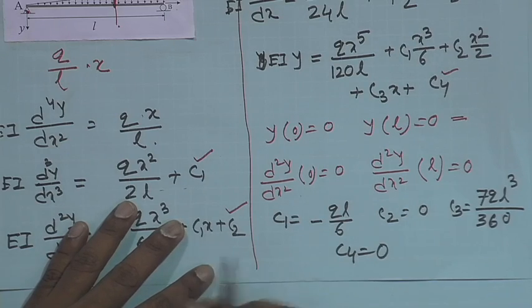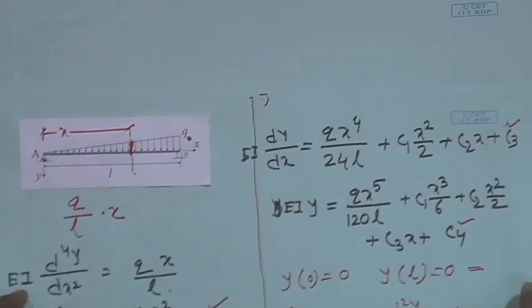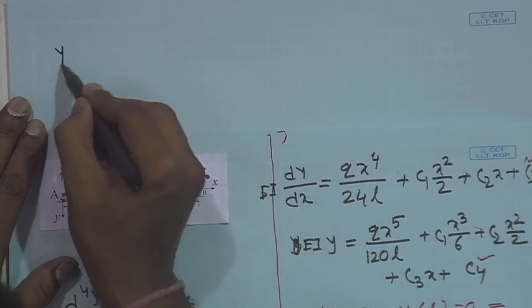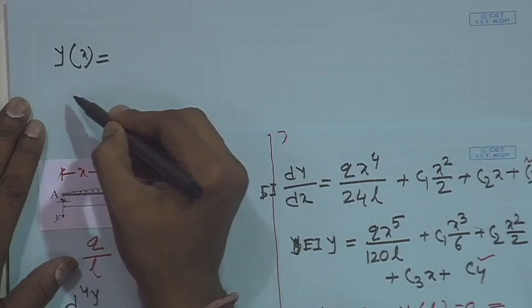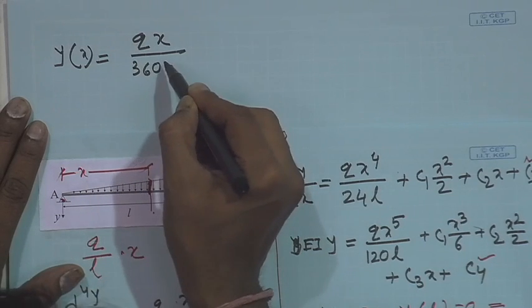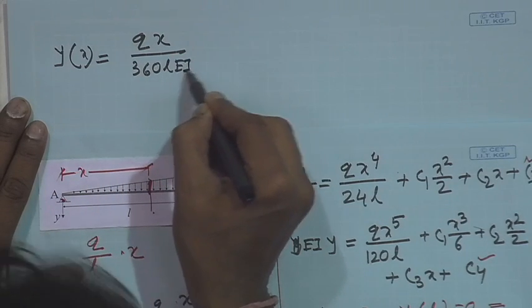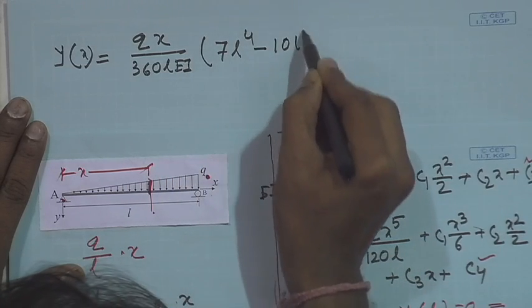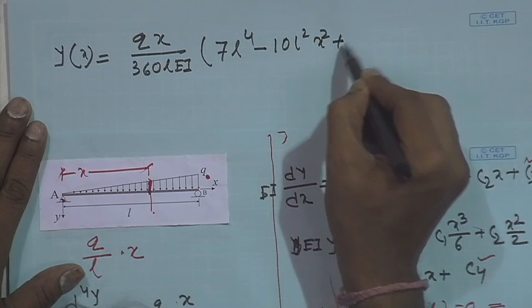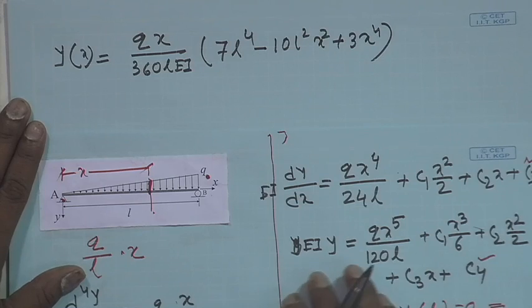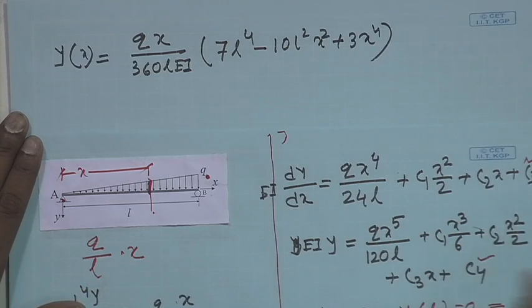So, if you substitute C1, C2, C3, C4 in this expression, then the expression of y, again as a function of x, will be y(x) = Qx by 360 L EI (7L to the power 4 minus 10L square x square plus 3x to the power 4). This expression is the same as the expression we obtained just now.